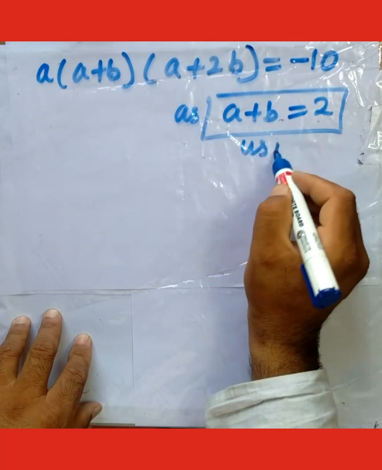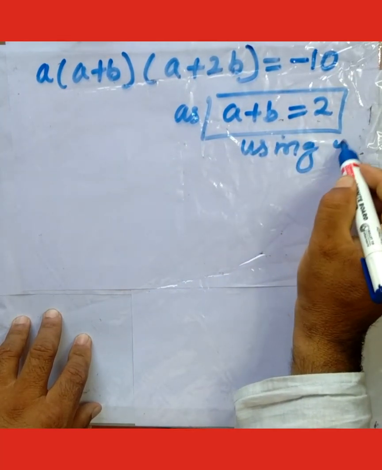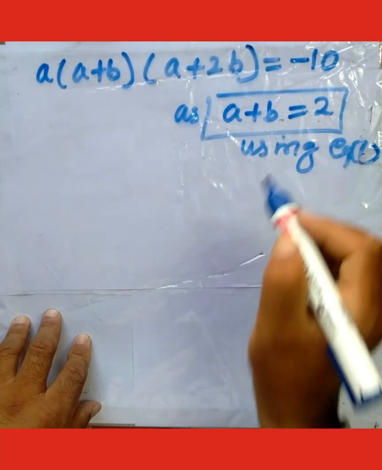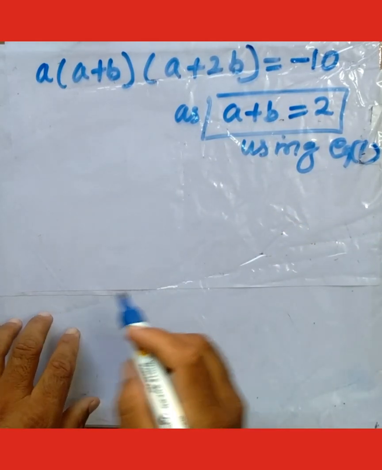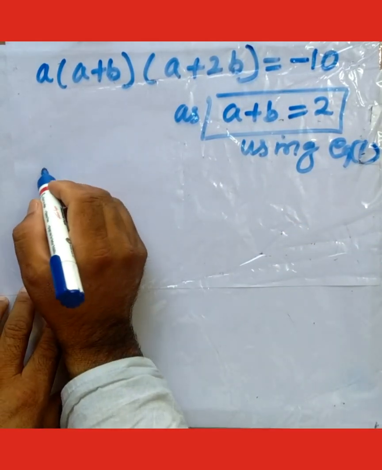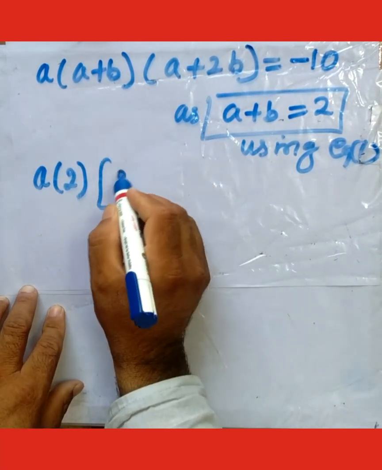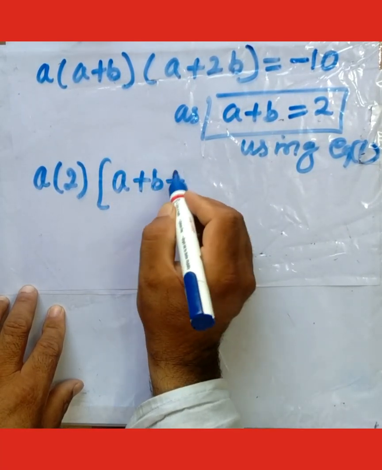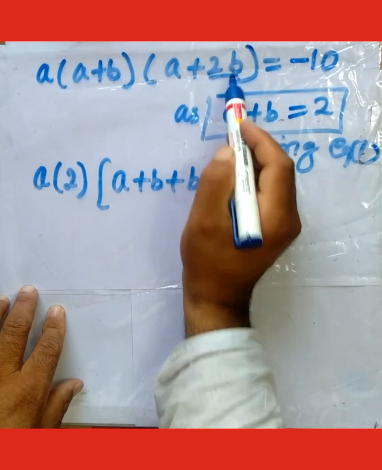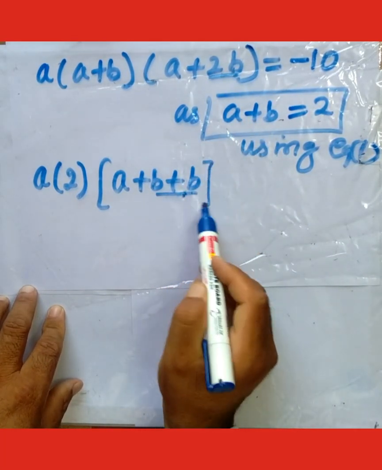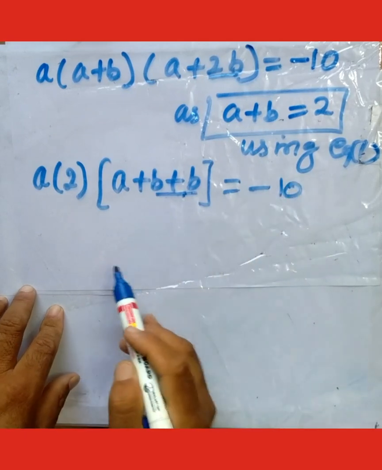So now putting the value of a plus b equal to 2 in the above, a into 2 into a plus, I can write 2b as b plus b, for putting the value of a plus b, is equal to minus 10.